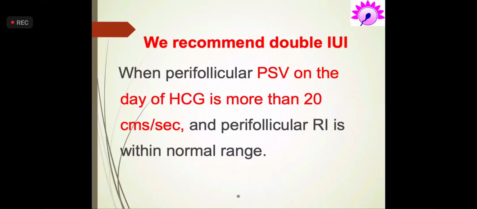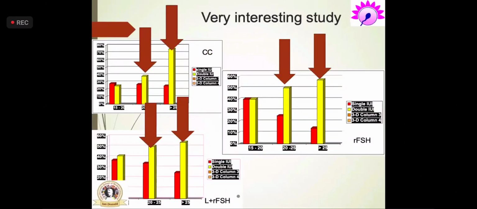But a further study was taken up where we divided these into further smaller segments, and we have now come to a conclusion that if the PSV was between 10 to 15, we would do only one IUI. If it was between 15 to 25, we would do two IUIs at 12 to 14 and 36 to 38 hours. And if it was more than 25, we would do a single IUI at 12 to 14 hours.